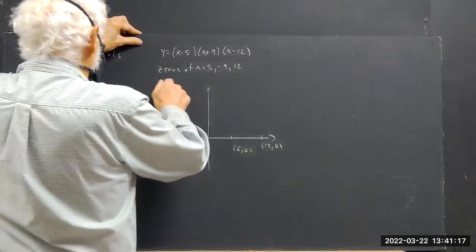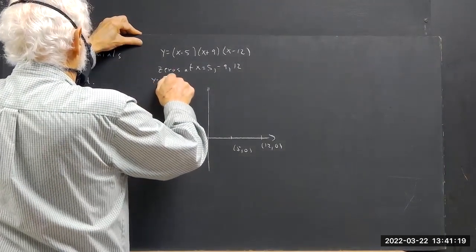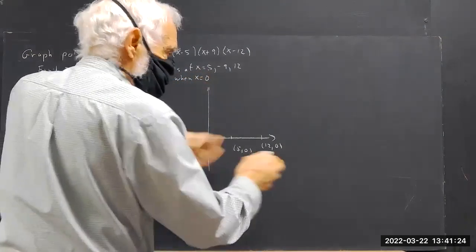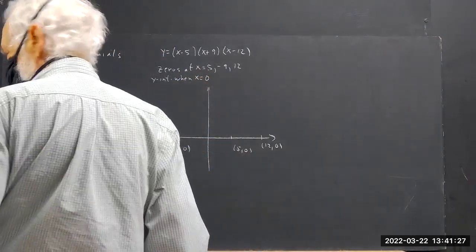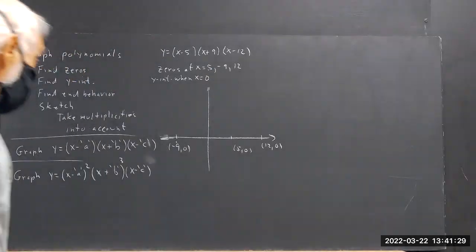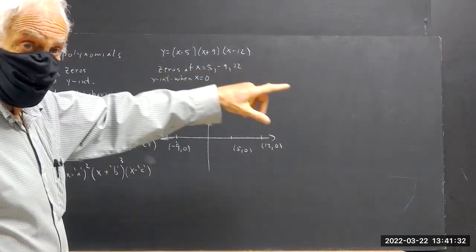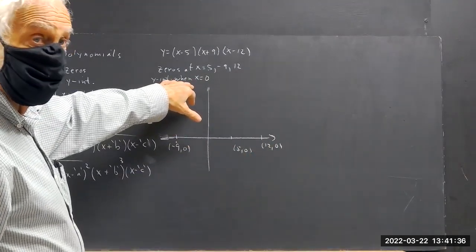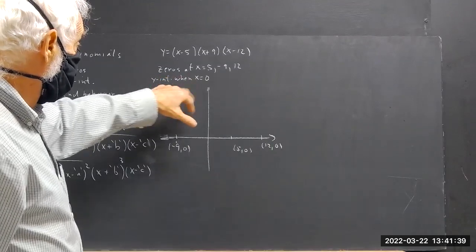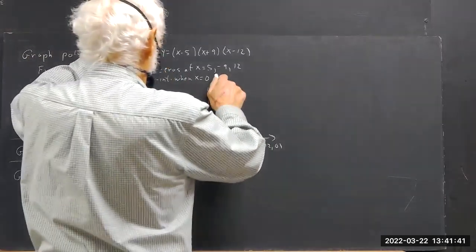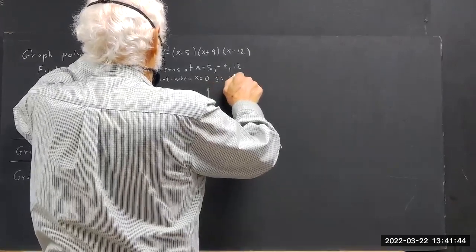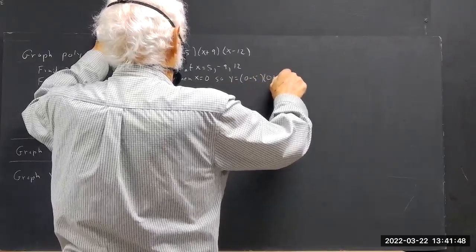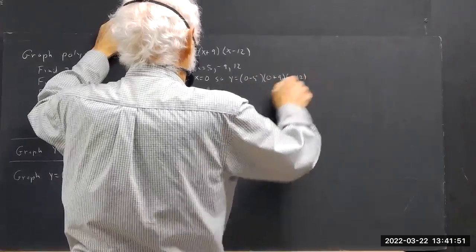Now, y-intercept. When x equals 0. If you look at what I wrote on the board down here, if you review the video, whatever, you see what you need to do, and of course, open math is going to tell you pretty much the same thing. Y-intercept occurs when x equals 0. Y equals 0 minus 5, and 0 plus 9, and 0 minus 12.